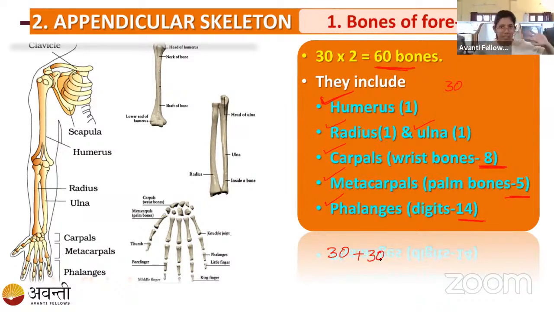Both hands have the same, there is no other name. On both hands we have humerus, radius towards the thumb, ulna, carpal, metacarpal, phalanges.